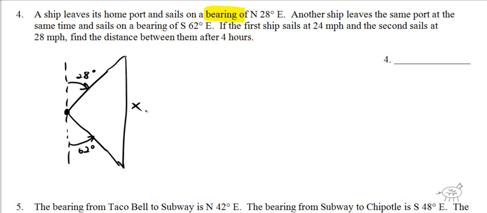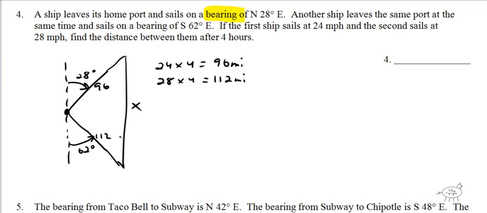Well, if it's 24 miles per hour and you're traveling for 4 hours, you do 24 times 4 hours, and that gives you 96 miles. And the other one is 28 miles per hour times 4, and that gives you 112 miles. So those are the units we're going to use. This one's 96 and this one's 112.